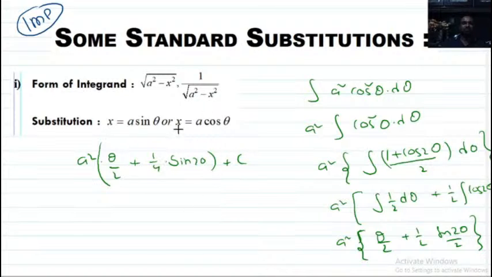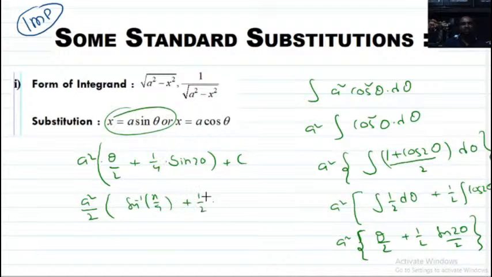So what we took, x equal to a sin theta. So theta means sin inverse of x by a. So we get a square by 2 into sin inverse of x by a plus 1 by 2 into sin 2 theta, which means 2 sin theta into cos theta; the 1 by 2 and 2 get cancelled.